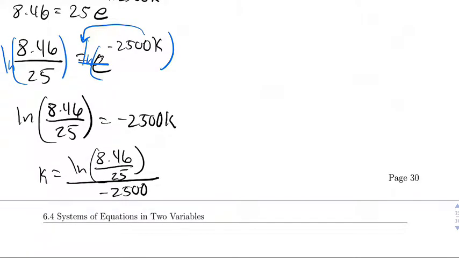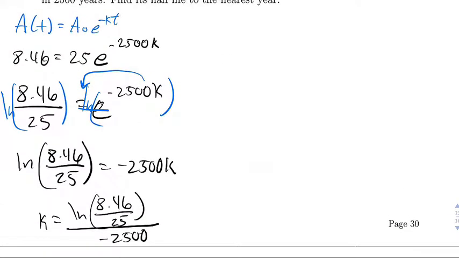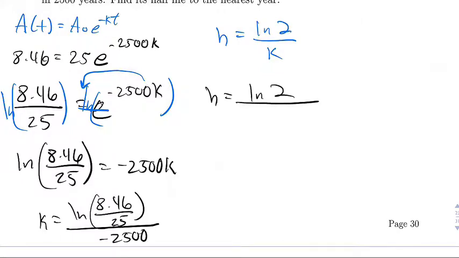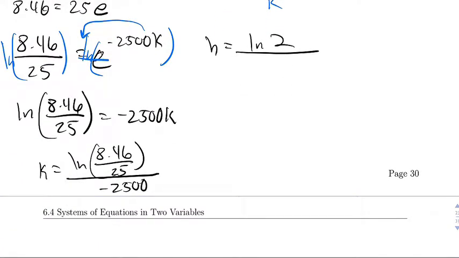But then we want the half-life. So the half-life is the natural log of 2 divided by k. So our half-life will be the natural log of 2 divided by this k here.